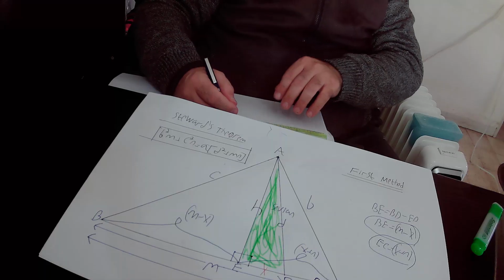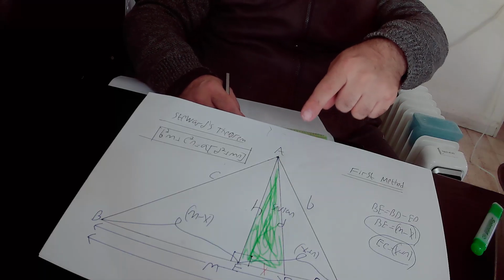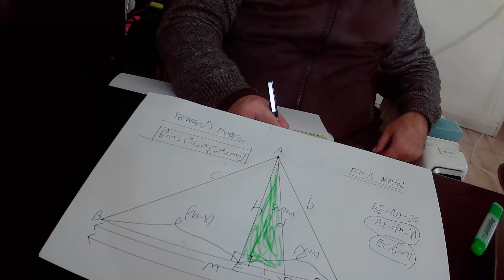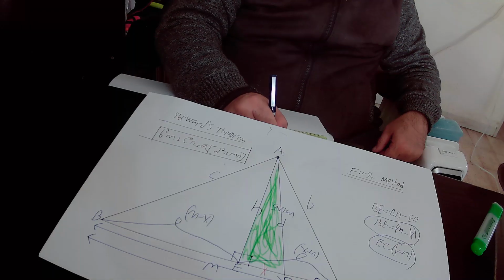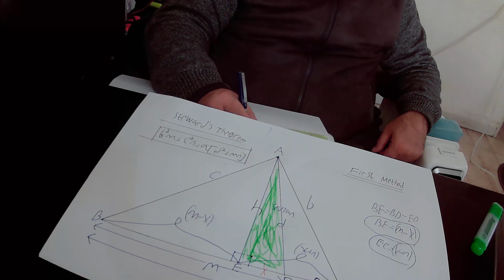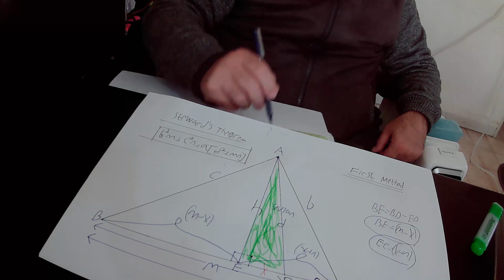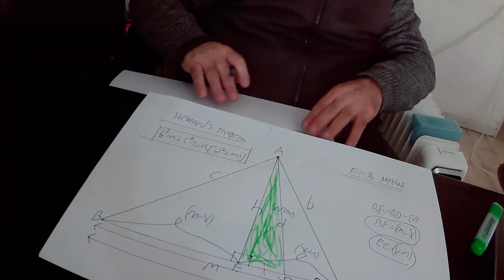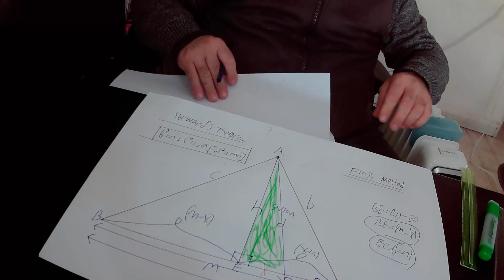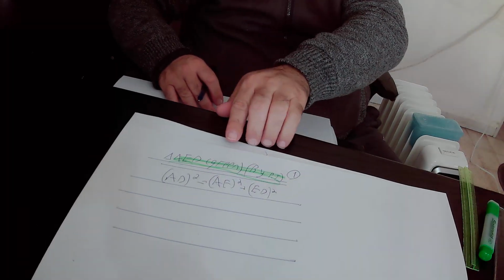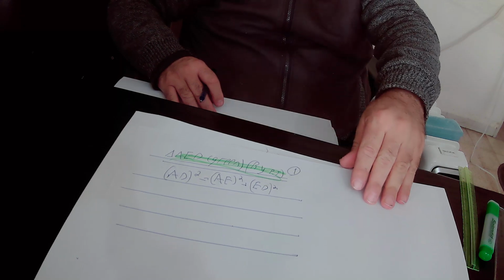The hypotenuse in the right triangle AED is AD, therefore the square of the hypotenuse is AD squared, and it must be equal to the sum of the squares of the perpendiculars, that is to say AE squared plus ED squared. Repeat again. In the right triangle AED, according to the Pythagoras theorem, AD squared equals AE squared plus ED squared.